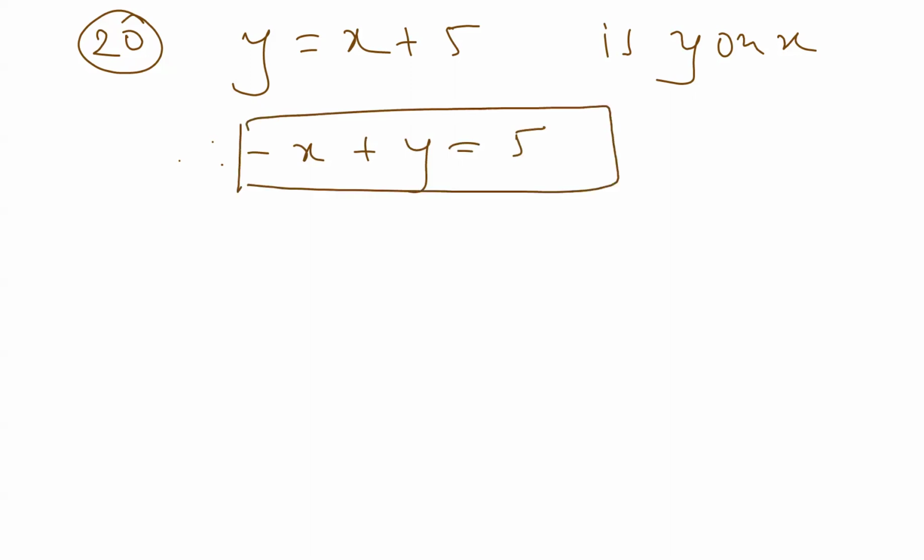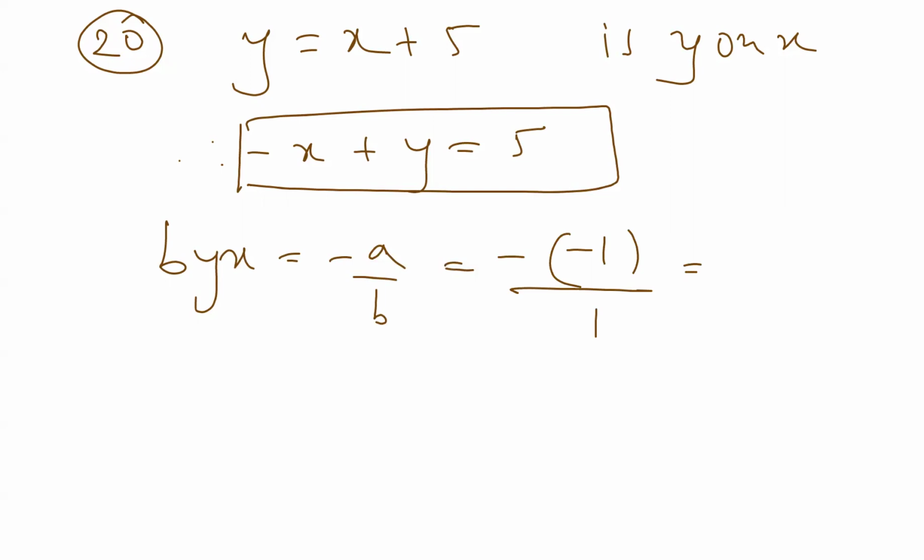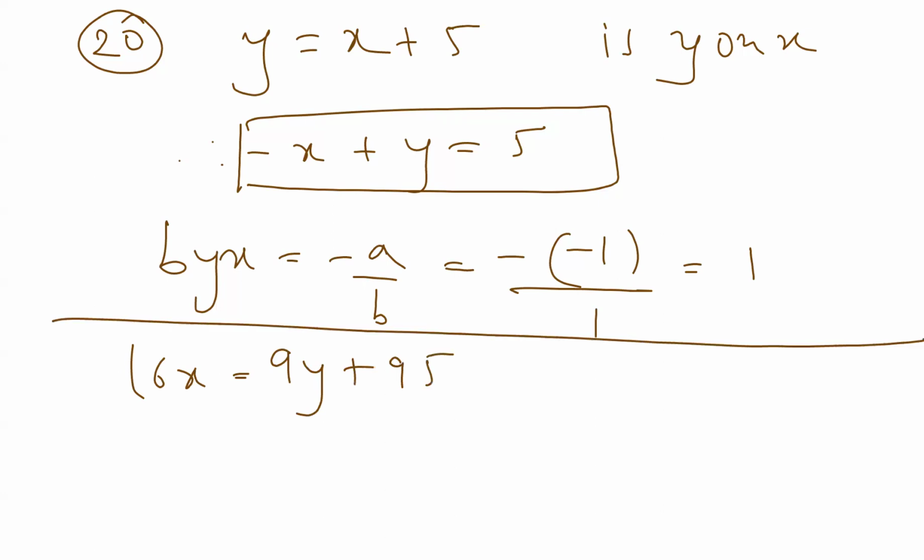Now since this is line y on x, byx is equal to minus a by b, minus of minus 1 upon 1. The coefficient of x is minus 1, coefficient of y is 1. So byx is equal to 1. The next line, 16x is equal to 9y plus 95, is x on y.